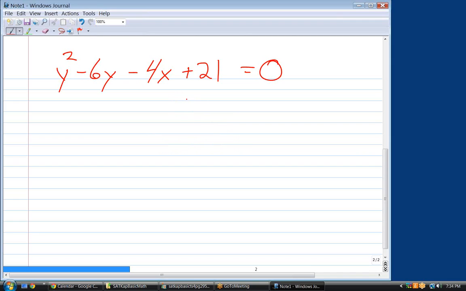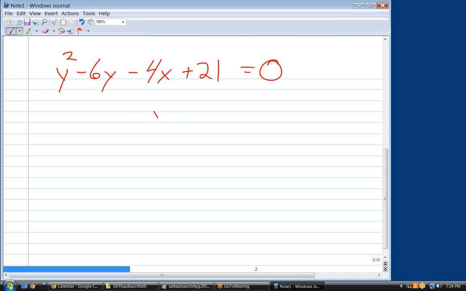So horizontal parabolas, what's the general format for a horizontal parabola? X squared over whatever plus y over whatever. No, those are ellipses and hyperbolas. For the parabola, let's talk about this for a second because they kind of confuse you when they go from algebra to pre-calc.